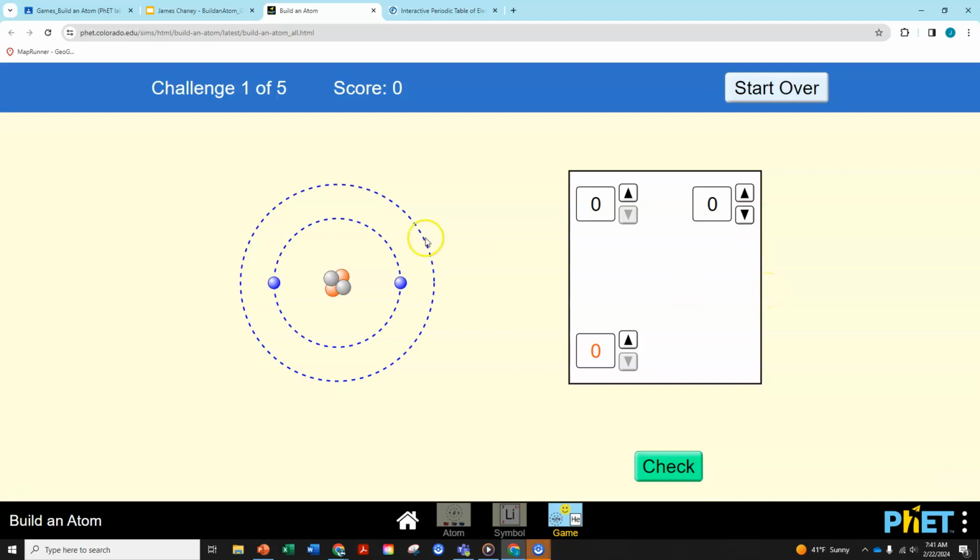So it is telling us nothing, and so I'm going to start with the charge. As a positive and negative charge, I got 2 protons, I got 2 electrons, so those balance out, so that's a 0 charge. How many protons do I have? So it's red, so I know that I'm counting protons, so there's 2. And so we know this is helium, and then now we need weight.